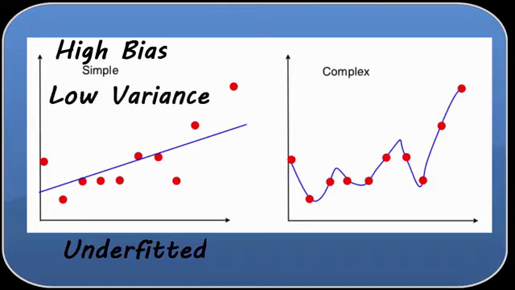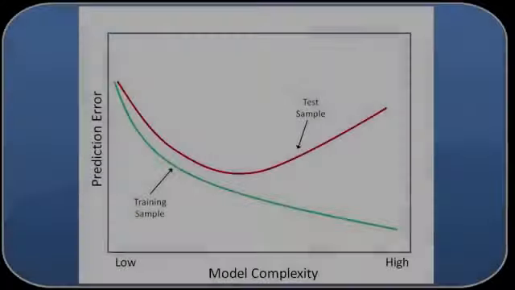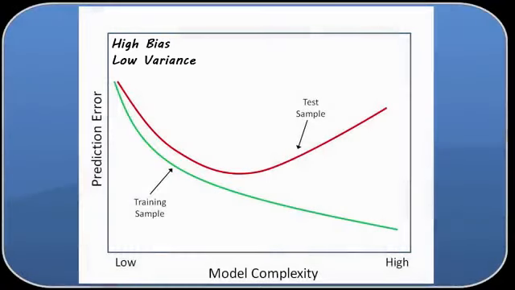This figure shows how model complexity impacts training and test error rate. In a really simple model, there is a lot of prediction error. Bias is high, but variance is low. In this case, the model is underfitted. As model complexity increases, you can see that the prediction error, or bias, decreases in the training sample. Similar to the training sample, prediction error, or bias, decreases and variance increases as the model becomes more complex.